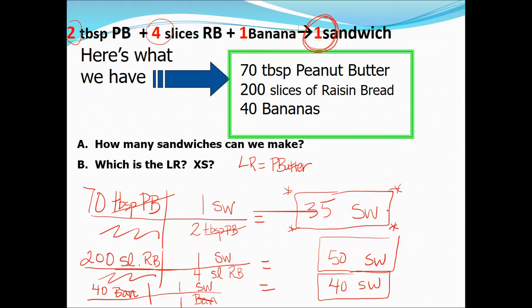It controls how many sandwiches I can make ultimately. And the excess reactants, I have two of them. I'm going to have some excess raisin bread and bananas left over. So that's pretty much it in a nutshell.